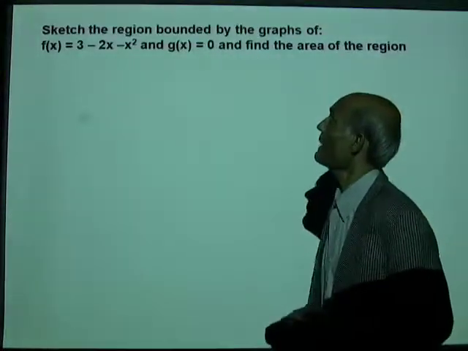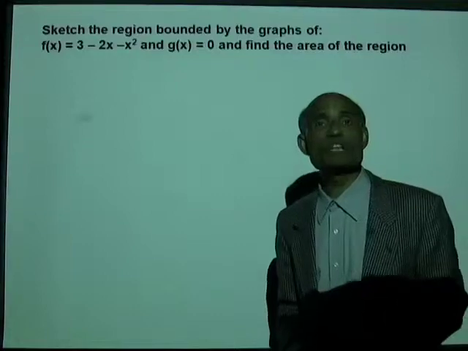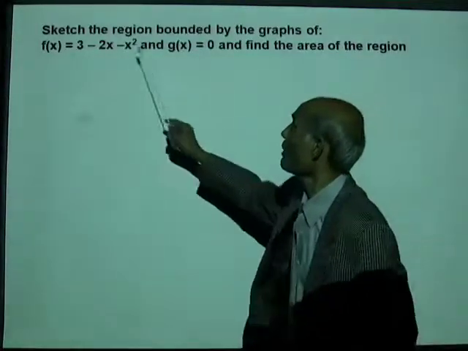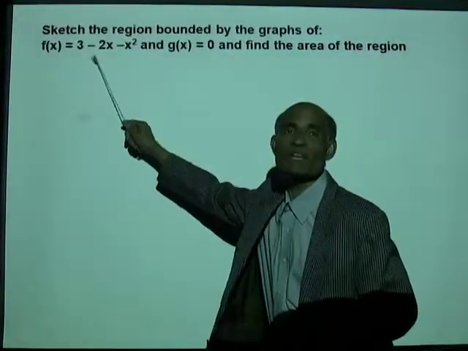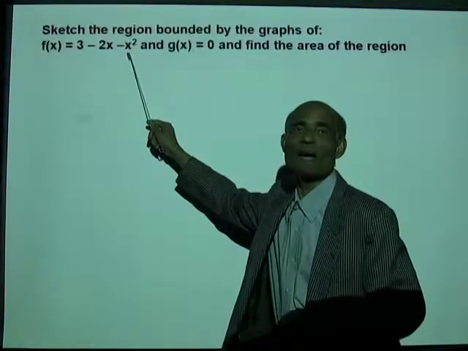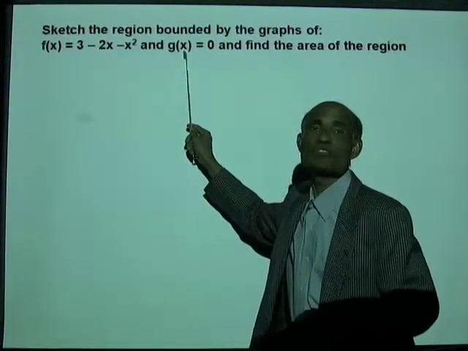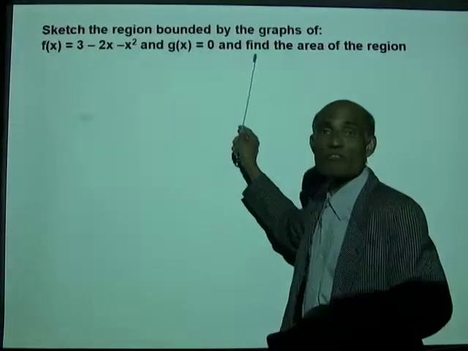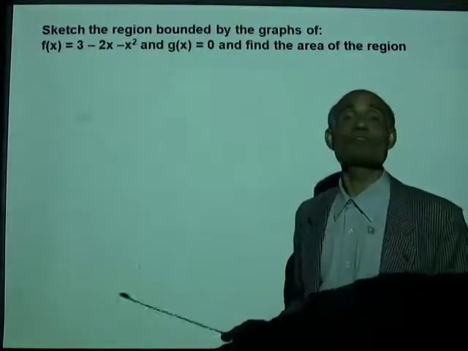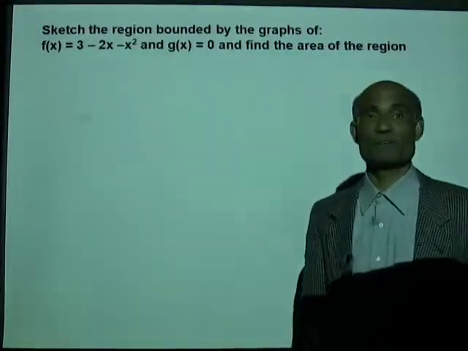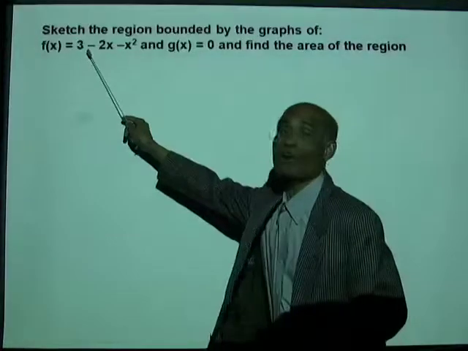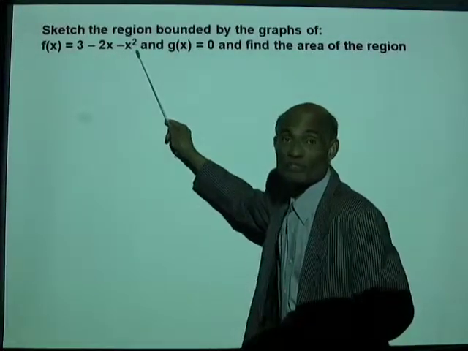All right, let's do this one now. Sketch the region bounded by the graphs of f of x equal to 3 minus 2x minus x squared and g of x equal to 0, and find the area of this region. Well, first of all, f of x is this function.